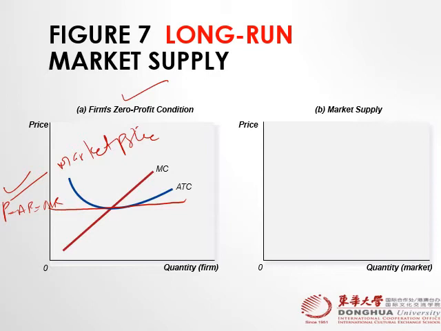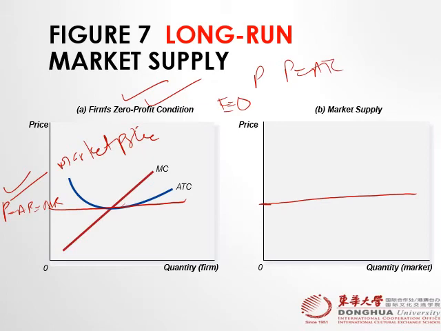So in that case, with 0 profit, the market supply curve is going to be where price is the same. So it means MC, which is when the economic profit is 0, where price is equal to ATC.